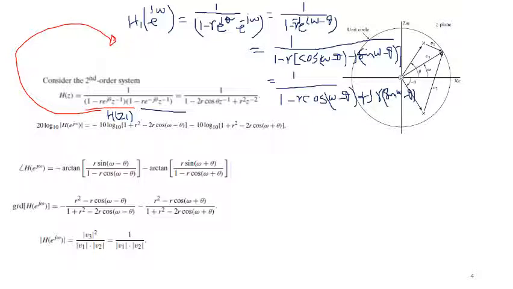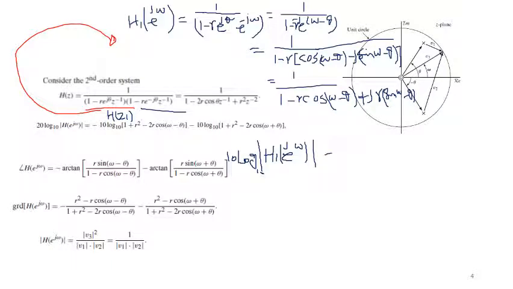Now taking the squared magnitude for this one, that is |H1(e^(jω))|², and expressing it in dB, it will be 10 times log of this.